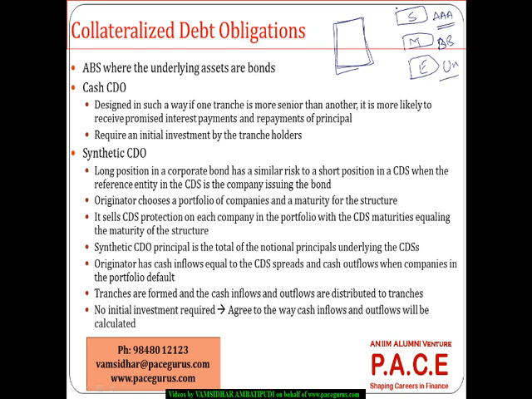So the tranches are designed in such a way that one is more senior than the other, and it will receive its promised set of payments from this pool. First the payments might go to this, then to this, then to this. So this is the pool which will absorb the risk highest. This will be the next in line, and at last when all these have almost absorbed the full risk, then this particular tranche is going into a risk. That is the way a typical cash CDO works.